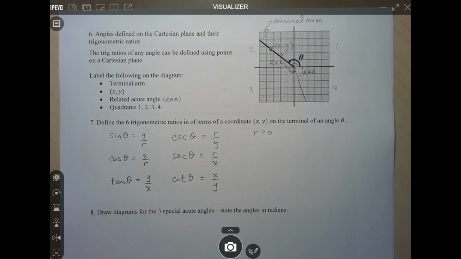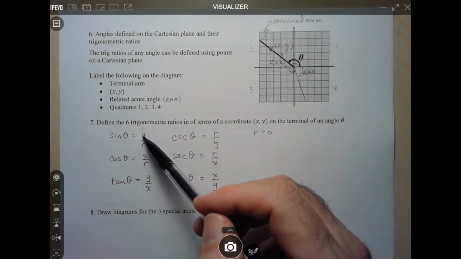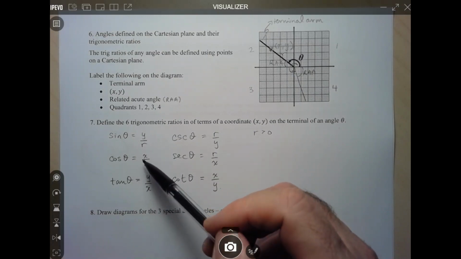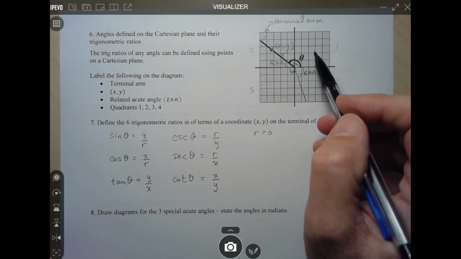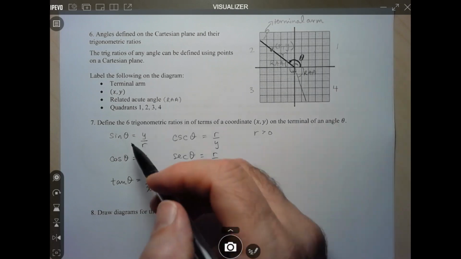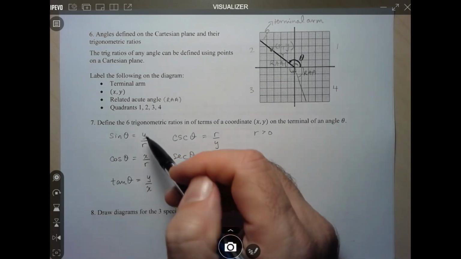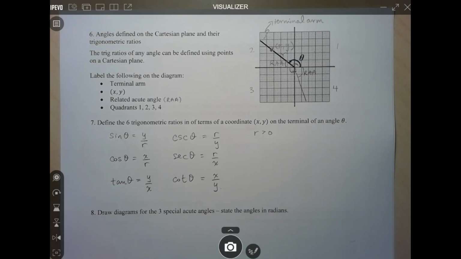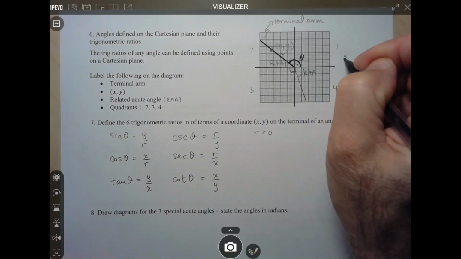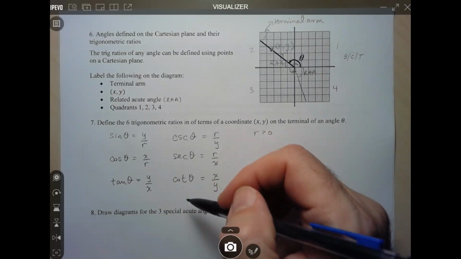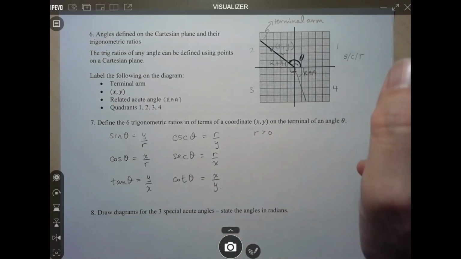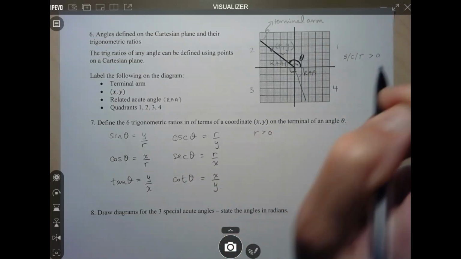So here, if I look at sine, cosine, tangent, well, x and y are both positive in the first quadrant. That means that all of these ratios are going to be positive. So here we have sine, cosine, and tangent. Similarly for the reciprocal ones, but I'll leave those for now, are all going to be positive.